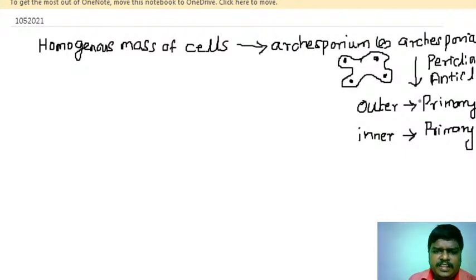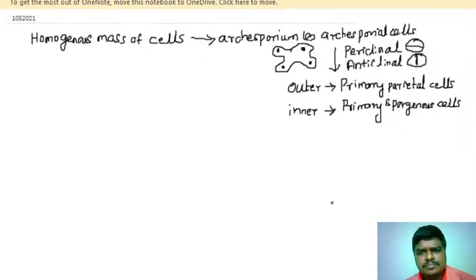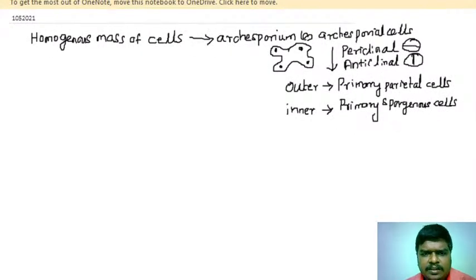So now we can see here the archisporium will become 2 different types of cells: the outer, primary parietal cells, and the inner, primary sporogenous cells.